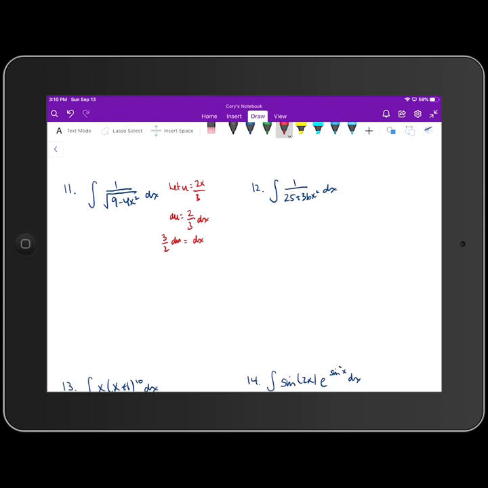So what I'm going to do next is take this equation here, what we let u equal, and multiply both sides by 3. So we get 3u equal to 2x.